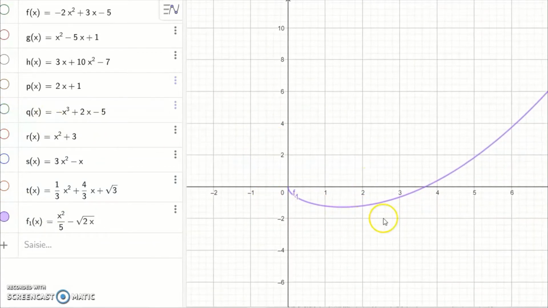We said that this is not a quadratic function, and of course the graph is not a parabola. As you can see, it stops here at the origin of the axis. So this is not a quadratic function.